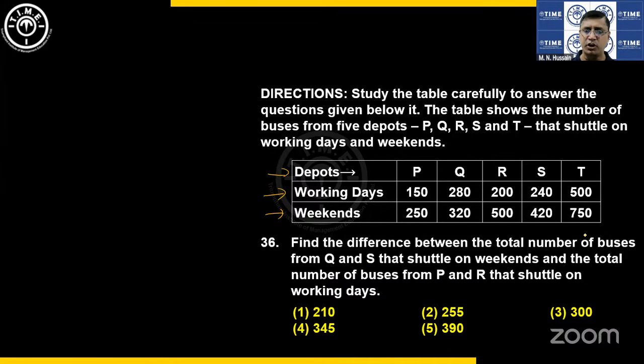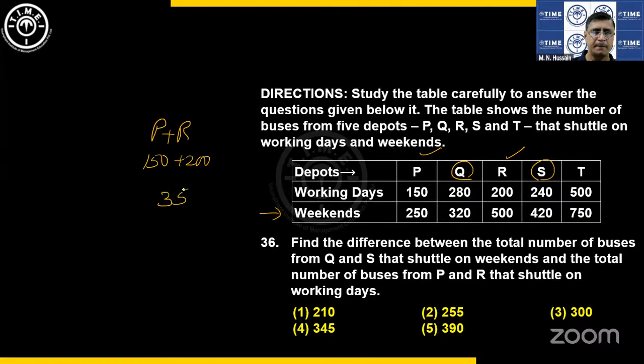Look at the question here. Find the difference between the total number of buses from Q and S that shuttle on weekends and the total number of buses from P and R that shuttle on working days. P and R on working days means 150 plus 200. The value is 350.